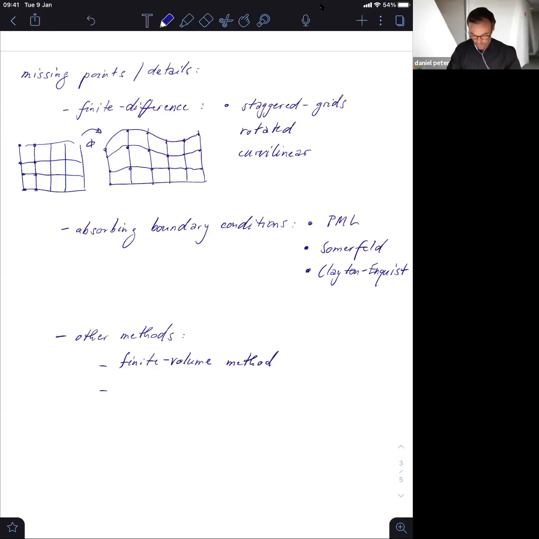The next one would be discontinuous Galerkin. And it pretty much goes from low order to high order as well.